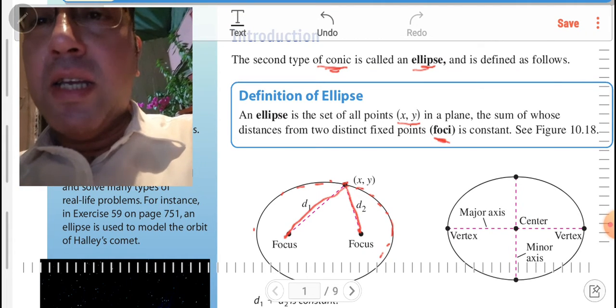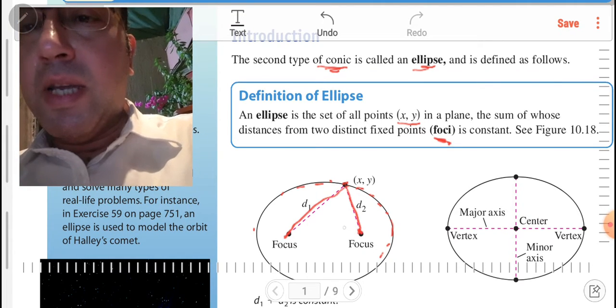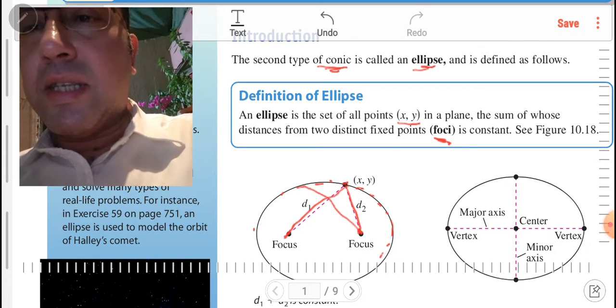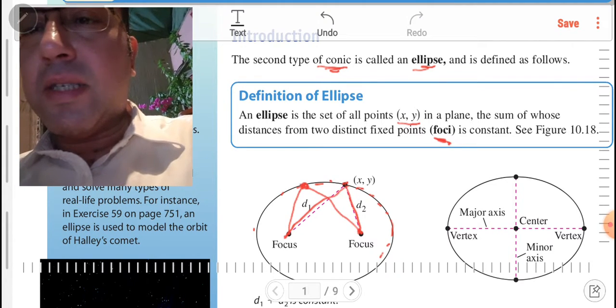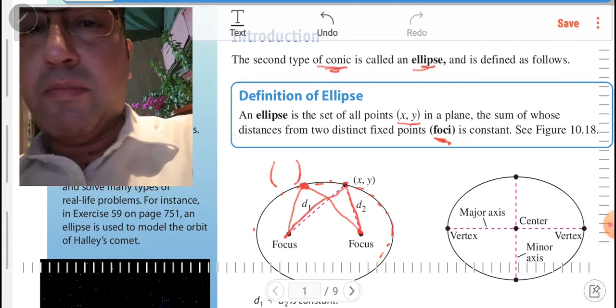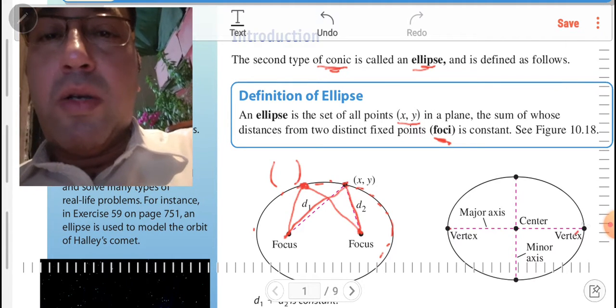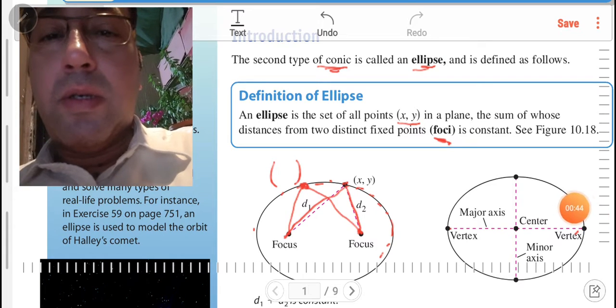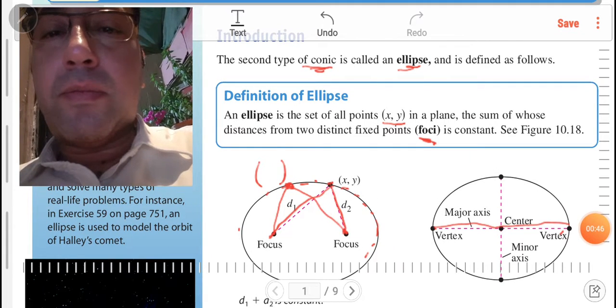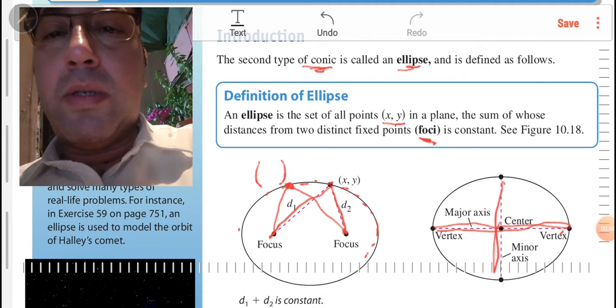The two foci, okay, each has a distance to any point, and one other distance to the same point. The ellipse contains two axes, one called major and one called minor.